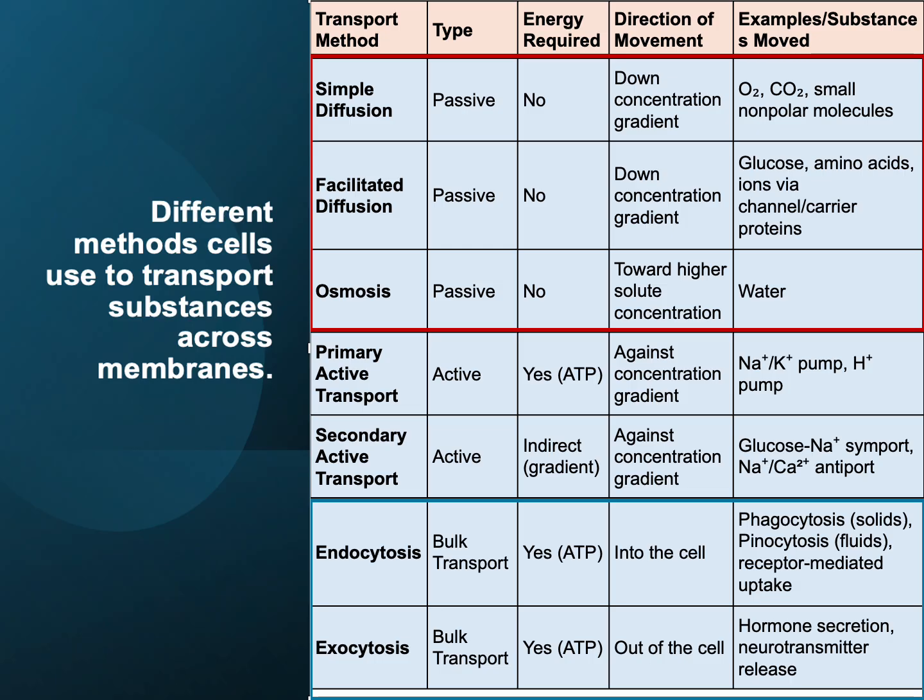Now, simple diffusion involves small nonpolar molecules like oxygen and carbon dioxide that can easily cross the plasma membrane. In contrast, facilitated diffusion also moves substances down their concentration gradient but involves larger molecules that cannot freely pass through the membrane, so they require a protein carrier such as a glucose transporter, which we will explore in detail later.